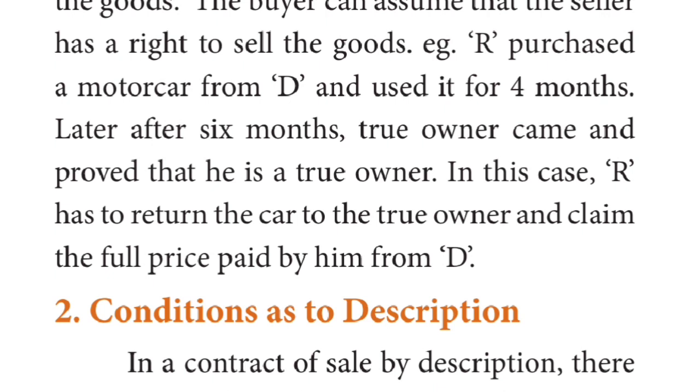In that case, the buyer has to return the car to him because he is not the owner anymore. The true owner has come and proven himself. He has to return the car, go back to D who sold the product to him, and he can claim damages. That is, he can get the price back. So that's what naturally happens, which is implied, which is understood.